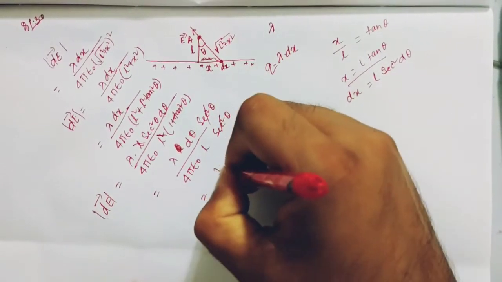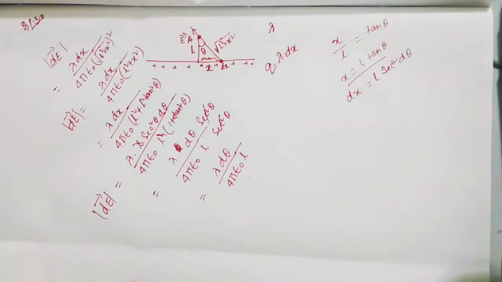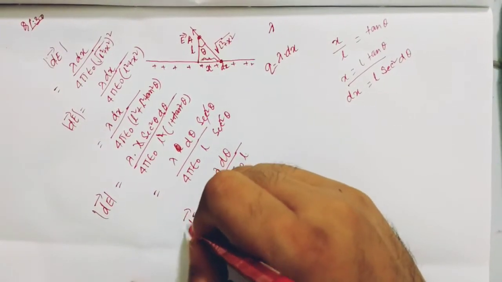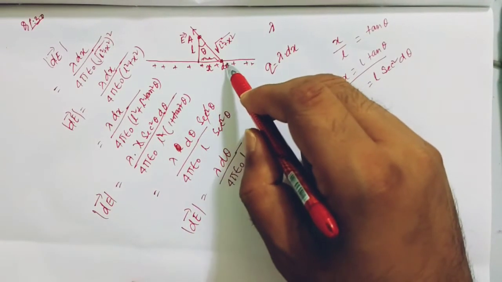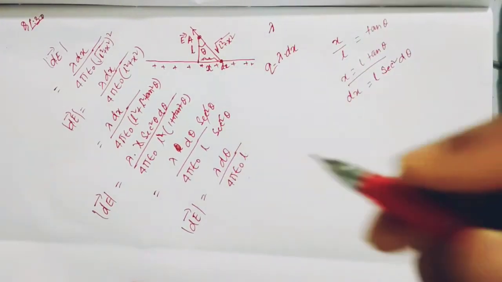So L and sec squared theta cancel, and only lambda d theta over 4 pi epsilon naught L remains. This is the field due to dx, a small portion of this wire.